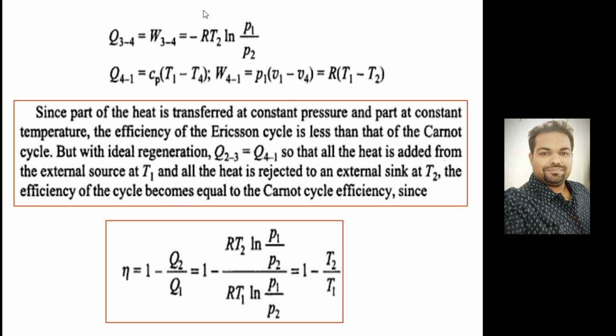In that case only two heat transfers will be there, heat addition in process 1 to 2 and heat rejection in process 3 to 4. But additional heat transfers you are also getting. This needs to be minimized. For that purpose, regeneration needs to be added.